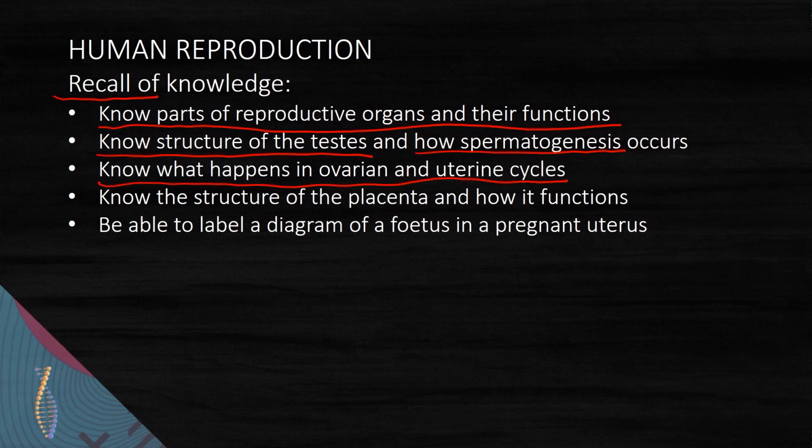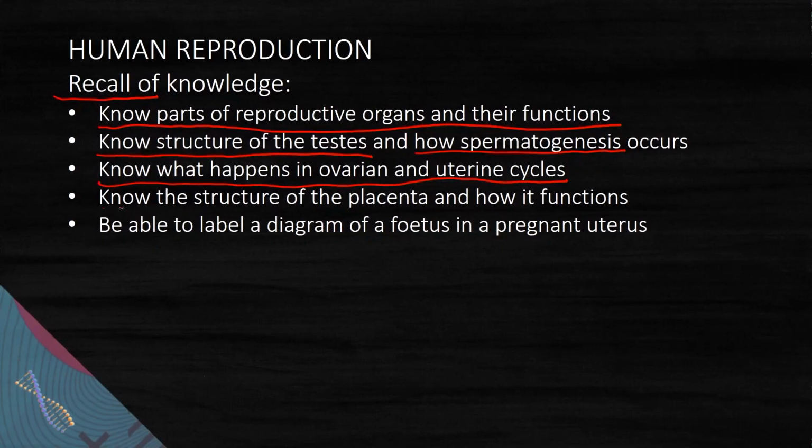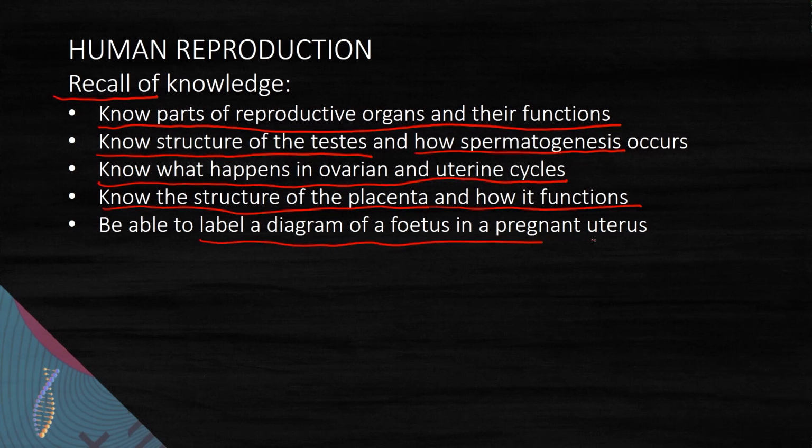I think this is the part that catches quite a lot of you. We'll look at some examples of that. Then, you also need to know the structure of the placenta, what it looks like, and how it functions. You should also be able to label the diagram of a fetus inside the uterus.